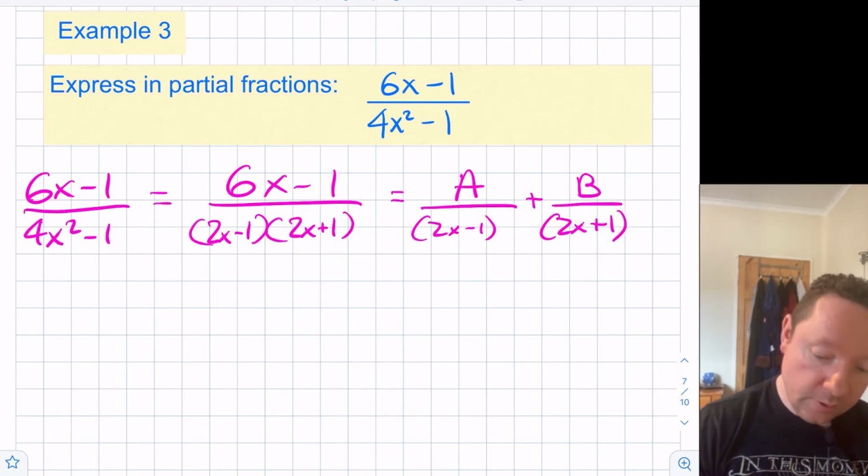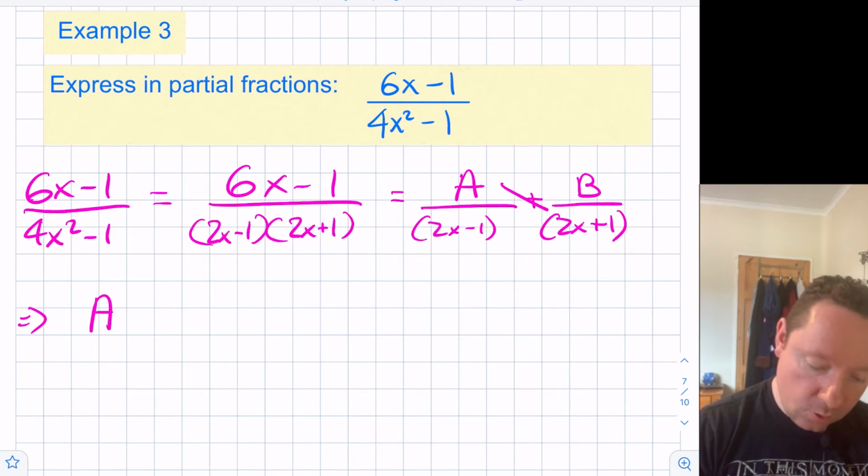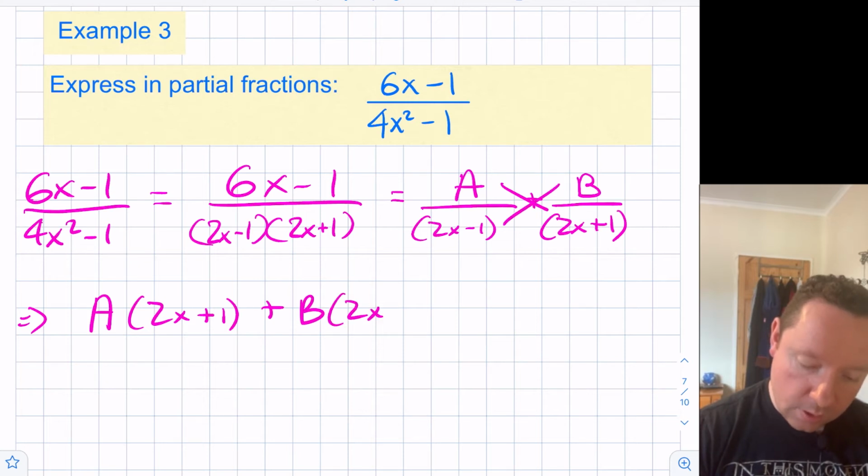So that means we can do the same as we've been doing. That implies that a times 2x plus 1, plus b times 2x minus 1, equals the top of our fraction, which is 6x minus 1.